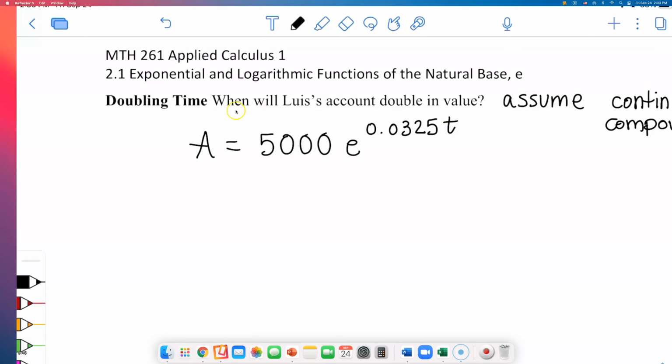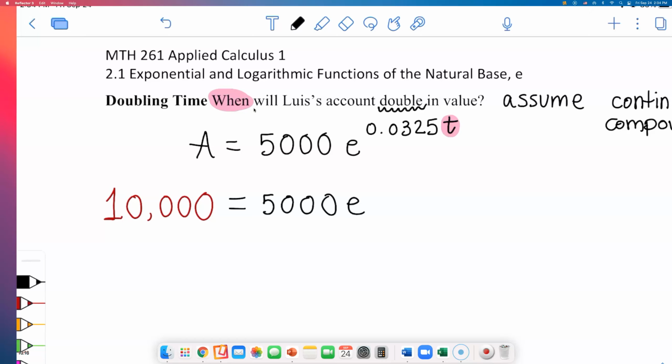Because it's asking when, so we're looking for how many years it will take for Luis to have $10,000. So I'm going to put down $10,000 on the left-hand side. And if you're wondering where $10,000 came from, that is his original money doubled. So 5,000 times 2 is 10,000.